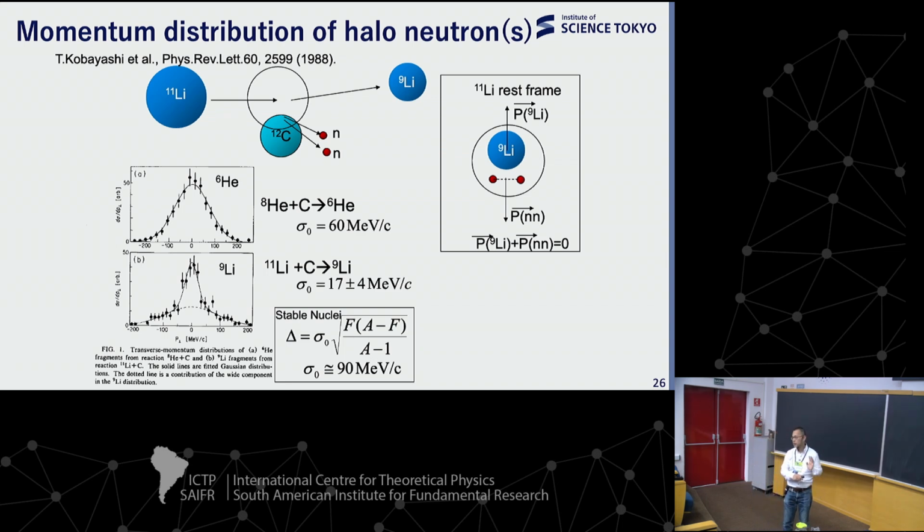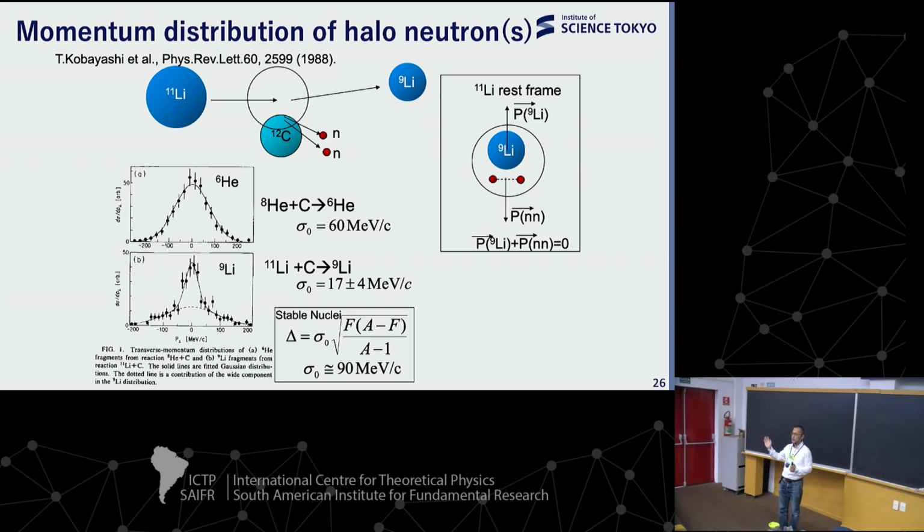This is from the so-called Goldhaber model, which I'm not going into in detail, but you can find it easily, a very simple formula. And usually for stable nuclei, sigma 0 should be 90 MeV. This is also based on the Fermi gas model. With the simple Fermi gas model, you find a value like 90 MeV/c, but this shows a very small number.